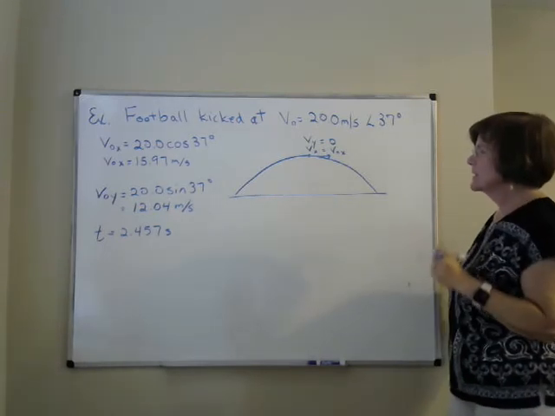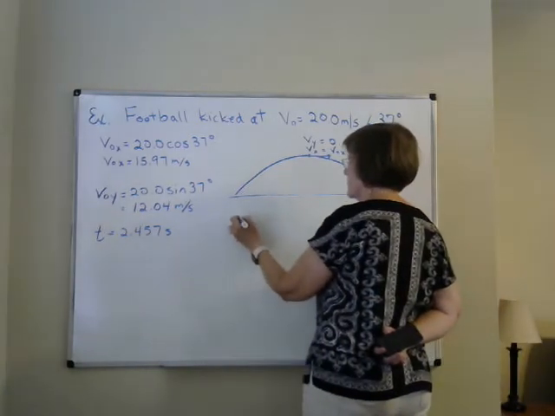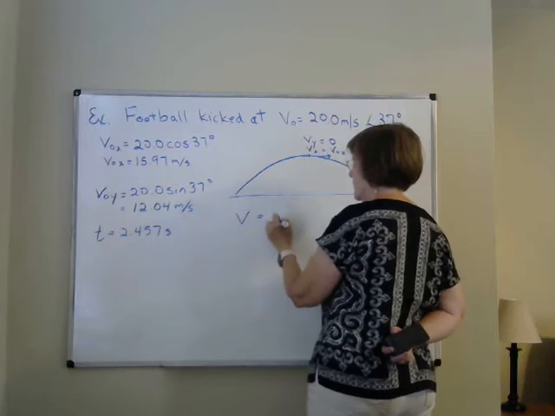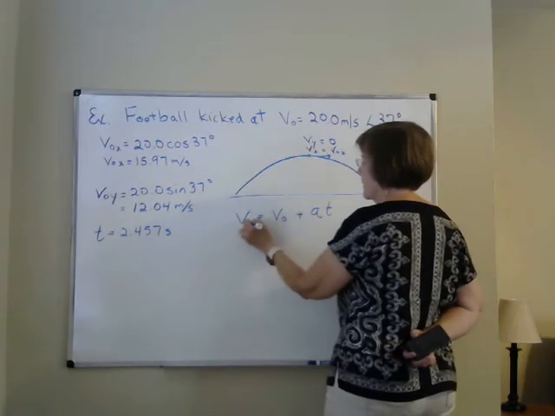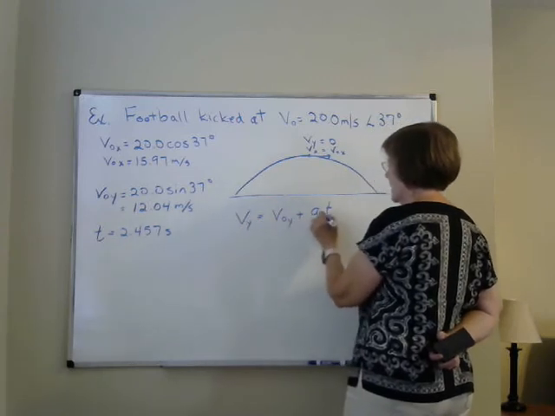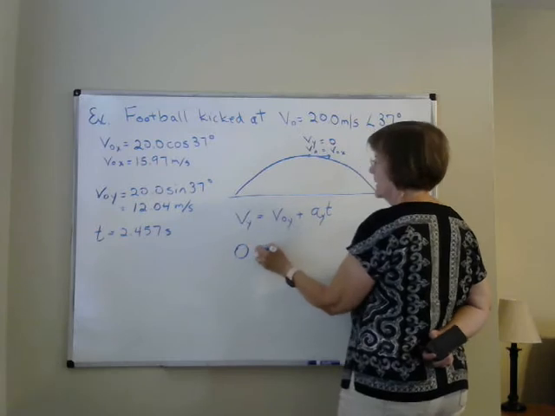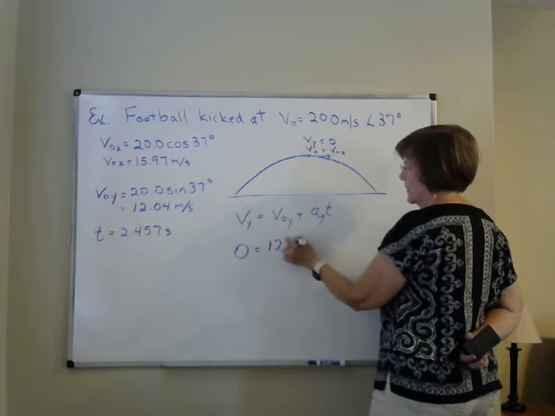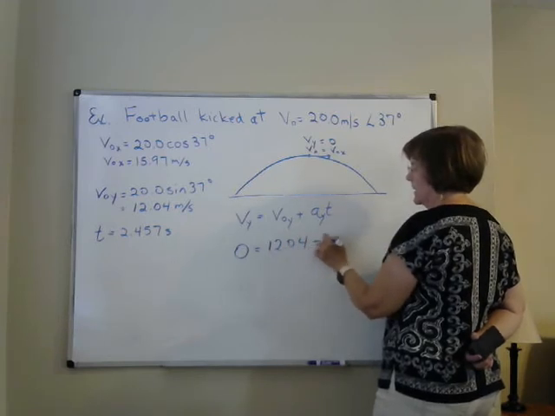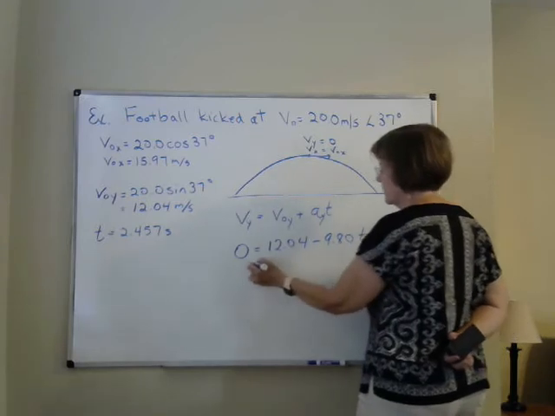So if I want to know the time to reach the maximum height, I just use v equals v0 plus at, but I do it for just the vertical, just the y. So 0 equals 12.04 minus 9.80t. I just have to solve that for t.